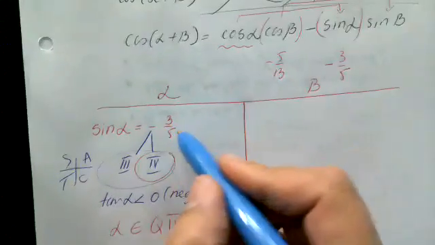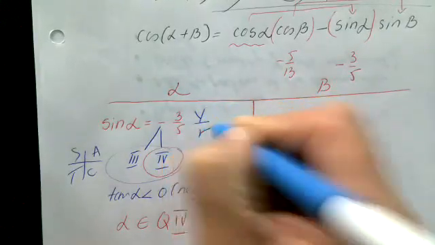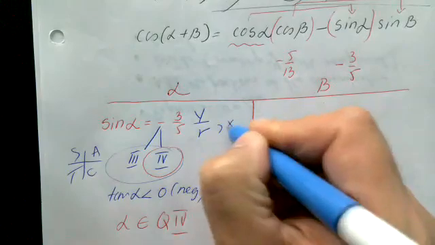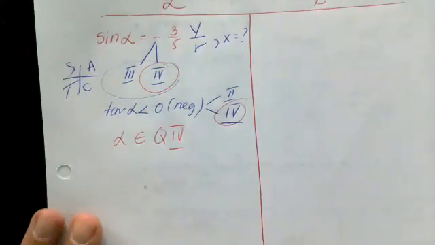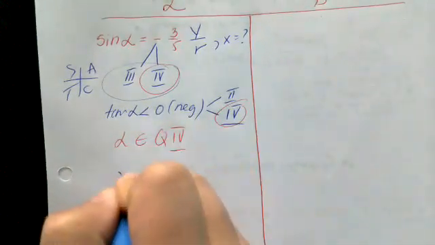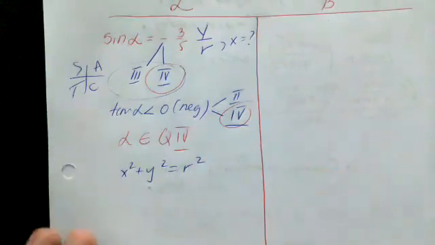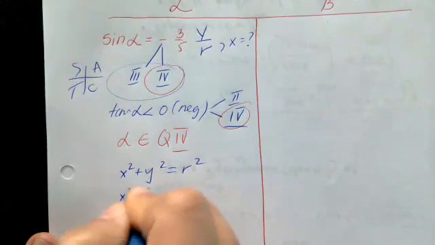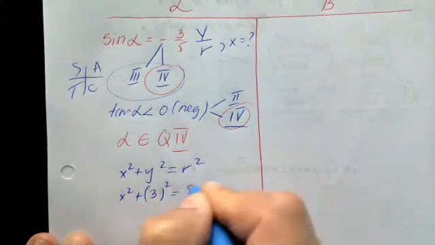Now, sine of a function, we have formulas for it. That's y/r. Okay, we need to find what x is, right? These are, again, x, y, r types of questions. So let's find x. X squared plus y squared equals r squared. X is what I'm looking for. Y is 3 squared. R is 5 squared.